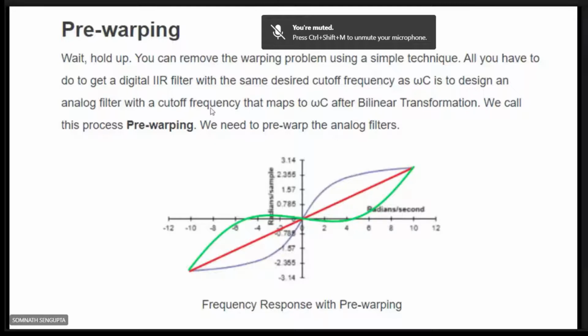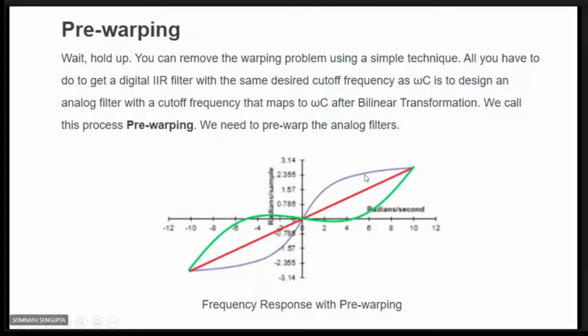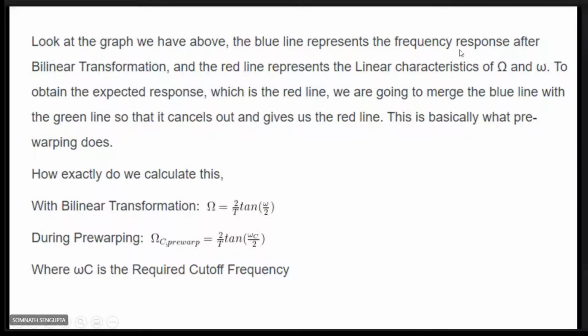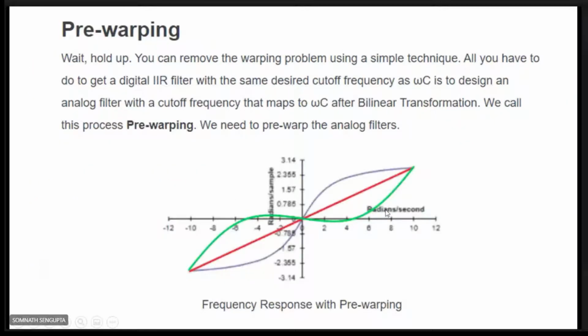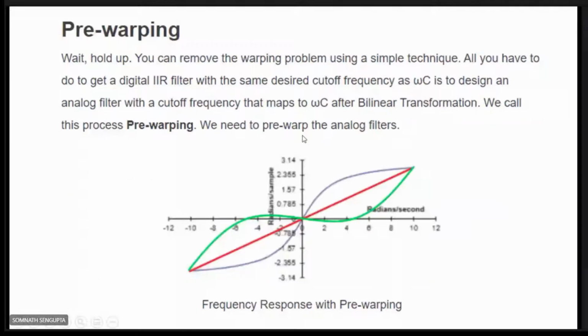Look at the graph we have above. The blue line, that is the tan inverse graph, represents the frequency response after bilinear transformation, and the red line represents the linear characteristics of omega, capital and small.